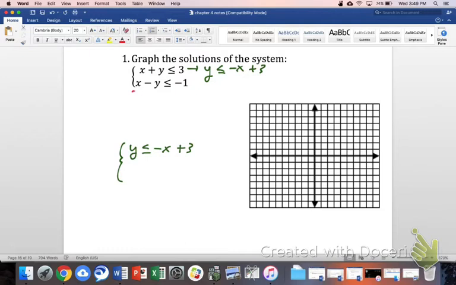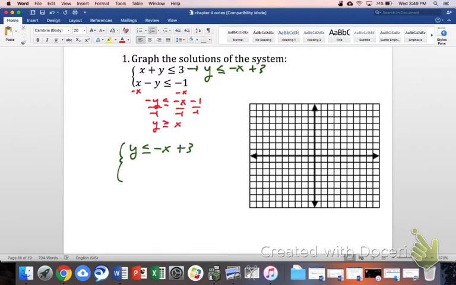I need to subtract the x over, so that's going to give me negative y is less than or equal to negative x minus 1, something like that. But now I've got to get the y by itself, so to do that I need to divide everything through by negative 1, and that of course is going to change things. Whenever I divide both sides by a negative 1 or a negative anything, I need to change the inequality, flip it around.